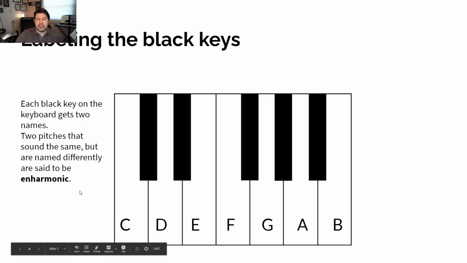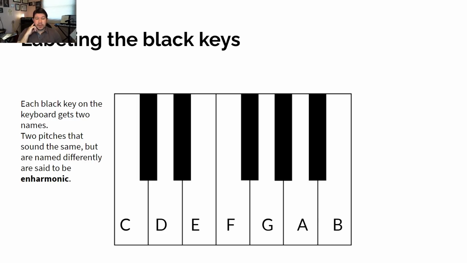This is a term called enharmonics. What enharmonic means is two pitches that sound the same. So when you play the key, it's going to come out to the same sound. However, it's going to be named differently. And we're going to discuss that in just a moment here on these next slides.